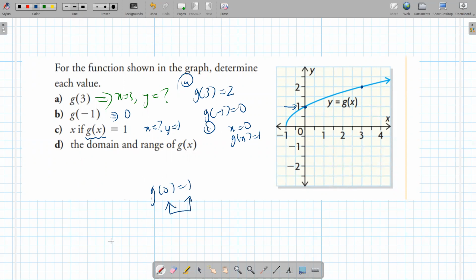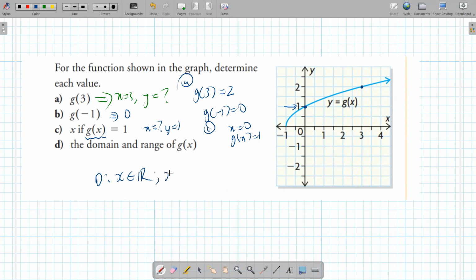What about D? The domain and range of g of x. The domain would be x is equal to or less than negative 1, and it just keeps going from there. All right, so you go XER. Have you seen this? Does your teacher use this? Yes. All right, there we go.